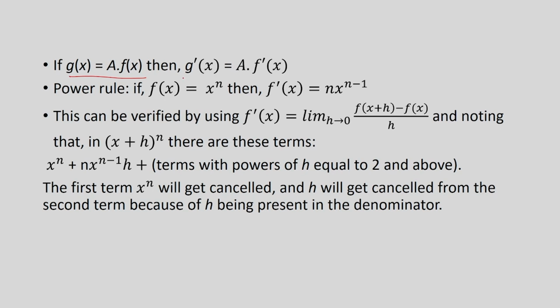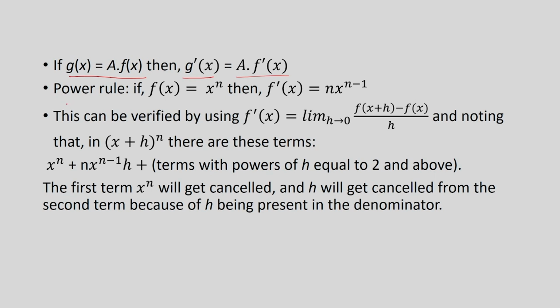The derivative g prime of x is equal to that same constant capital A multiplied by the derivative of f of x, which is f dash of x. So, if any function is multiplied by a constant, the derivative of this new function is the constant multiplied by the derivative of that function.